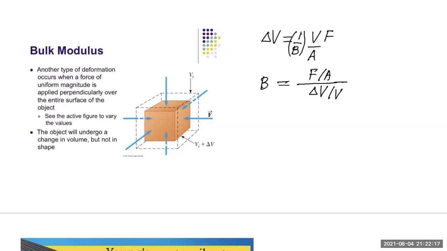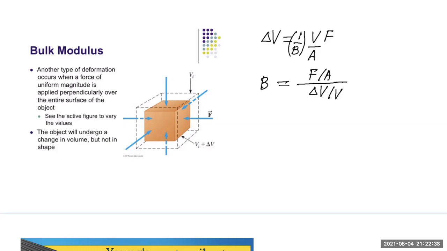Now, there is one thing I need to stress. If you think of F only as the magnitude of the force with no sense of direction, it's going to be a compressive force anyway, then delta V is going to be negative when you apply a force, because the thing only gets smaller when you compress it. It doesn't get any bigger. Everything else is positive, and F is only the magnitude of the compressive force.